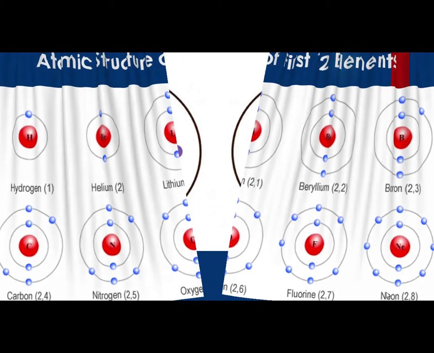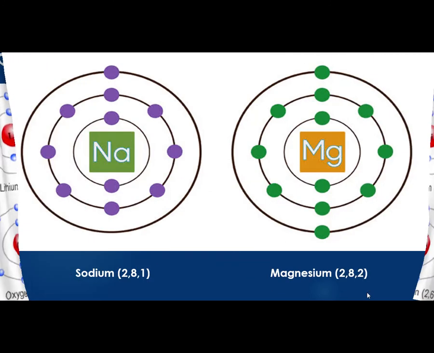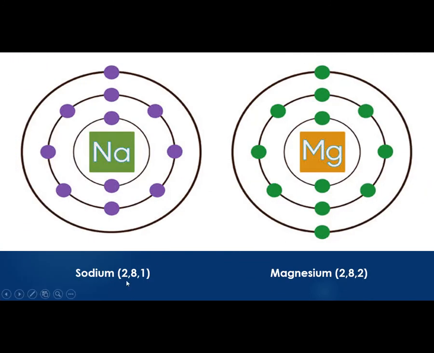Next, sodium, it has configuration 2, 8, 1. So 2 means the first shell contains 2 electrons, the second shell contains 8 electrons and the third shell contains just 1 electron.